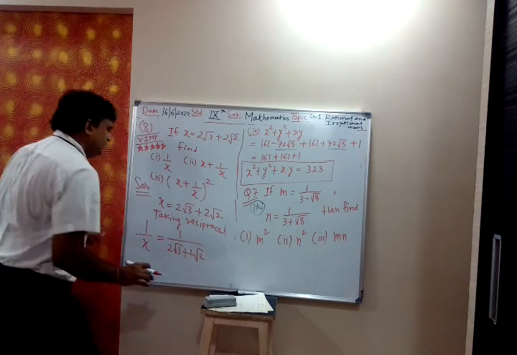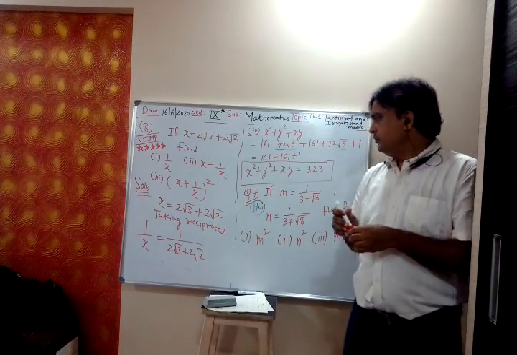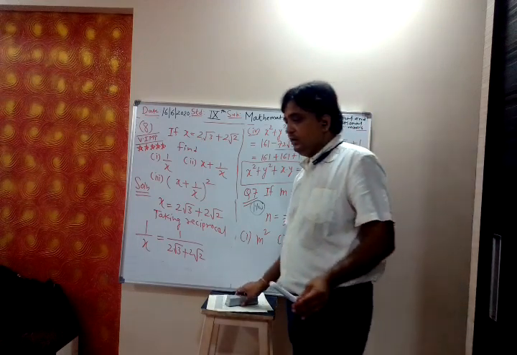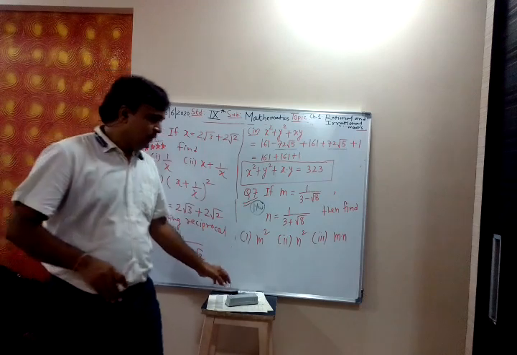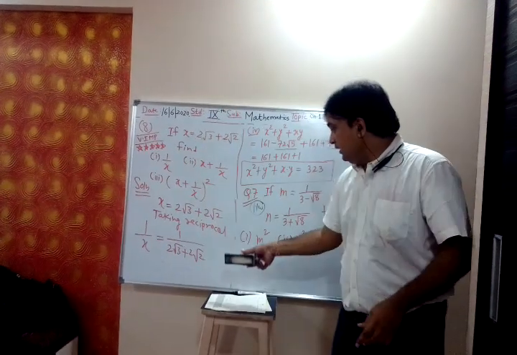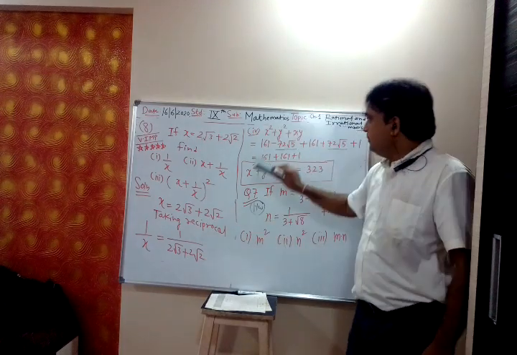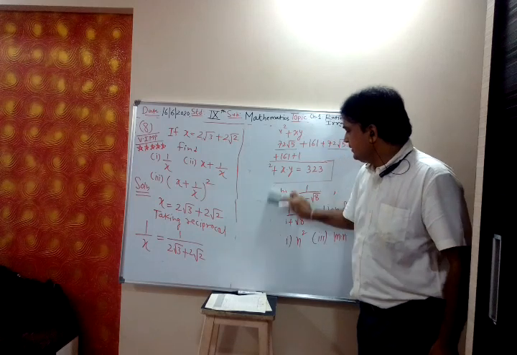Is it clear? The sign remains the same when we take reciprocal. Now in 1 upon x, to simplify 1 upon x, I will rationalize the denominator.